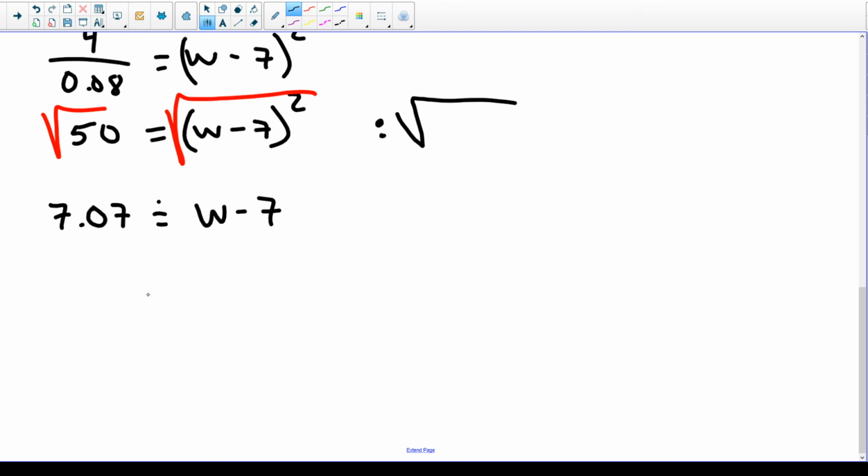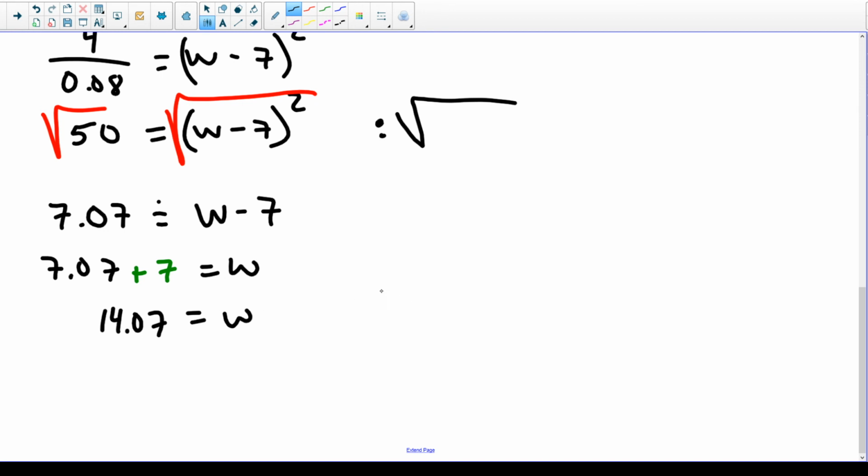Okay. And now we've got to get W all by itself by moving the 7 over to the other side. Well, 7 is subtracting, so what is it going to do on the other side? It's going to add. So we get 7.07 plus 7 is equal to W, and that means that W is equal to 14.07.